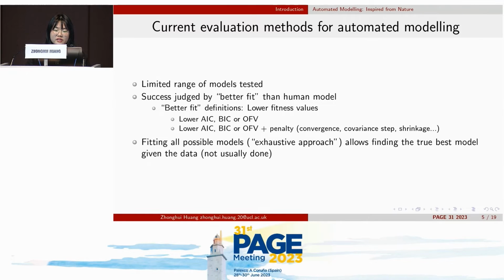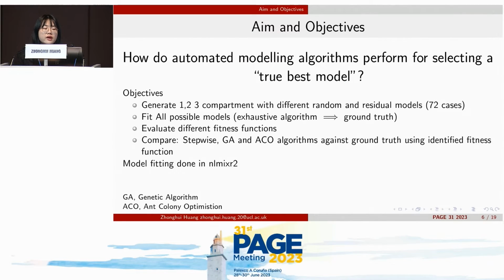So in this study, our overall aim is to evaluate the automated algorithms for selecting the true best model identified by exhaustive search. This will be addressed by 4 objectives. The first is to generate the simulated data set, with 72 cases.